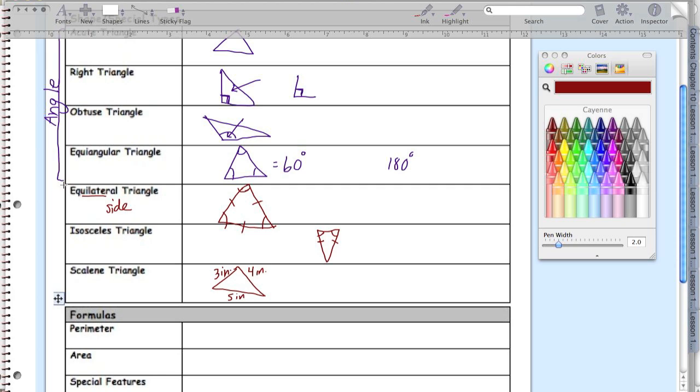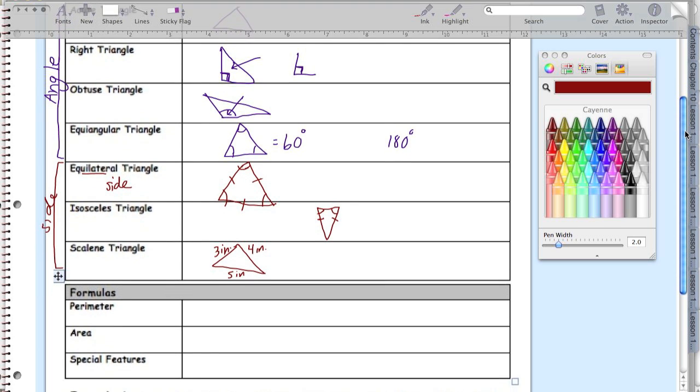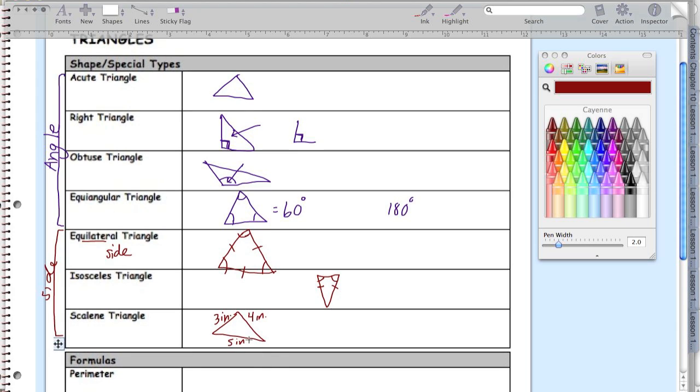So when we're classifying triangles and they give us our sides, we have to determine what kind of triangle it is based on these three. If they're giving us angles and they ask us to classify it, we're going to give one of these definitions above based on the angles: equiangular, obtuse, right, or acute. That's a small, subtle thing, but it's important to recognize because let's say, for example, you have a scalene triangle.